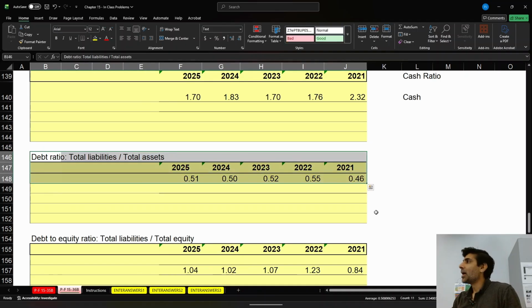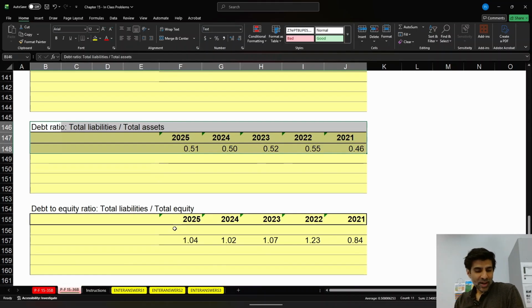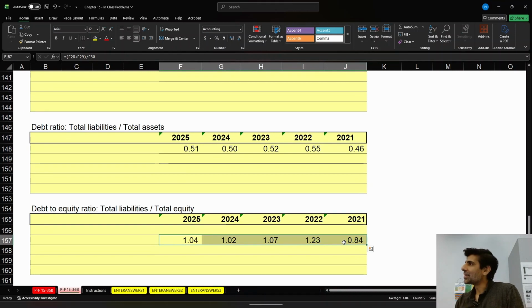It's just showing as a percentage what percent of the assets are financed with borrowing. This one, a 2.0 is two liabilities for every one equity, and that, I don't know, it's just less interpretable for me, but you may like it, whatever you like better.